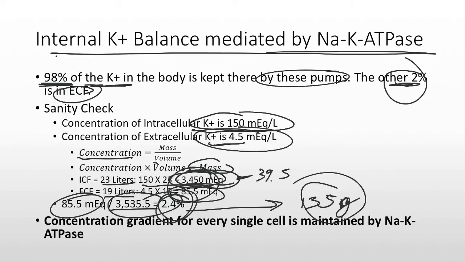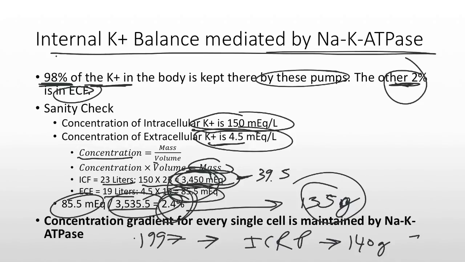So I wanted to know if that was accurate, and I searched really quick, and I saw there was a paper. I think it was from 1997. I don't remember who wrote it, but there was actually one earlier than that, like the ICRP paper, that estimated that there's about 140 grams of total body potassium in somebody that weighs 70 kilograms.